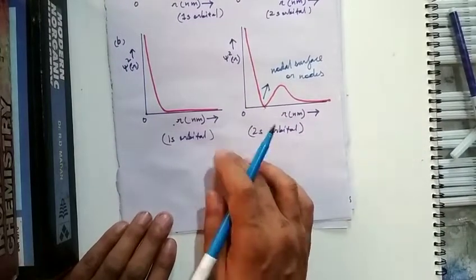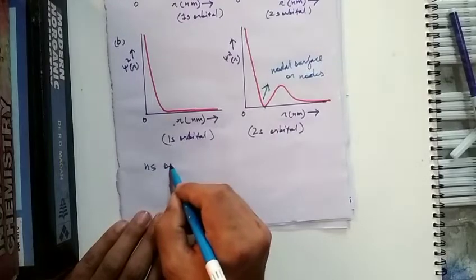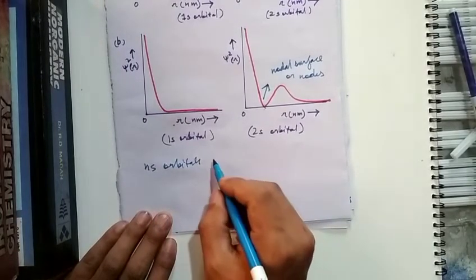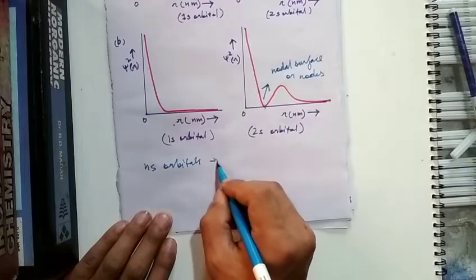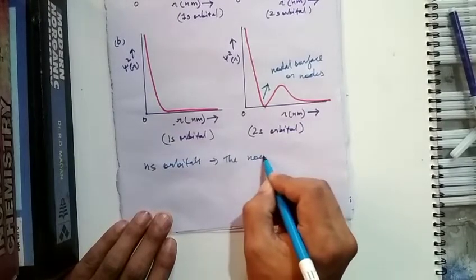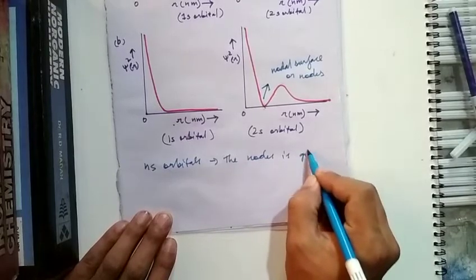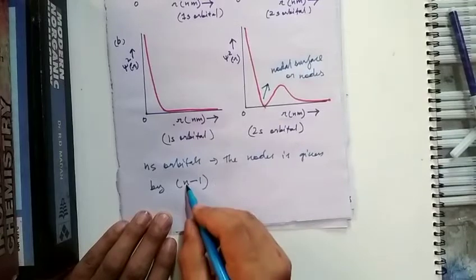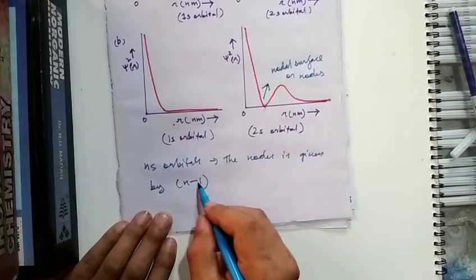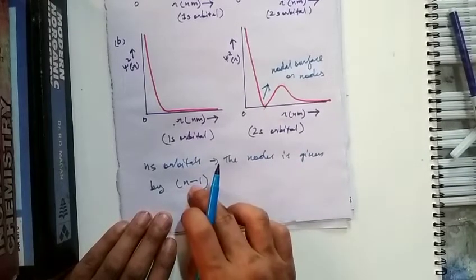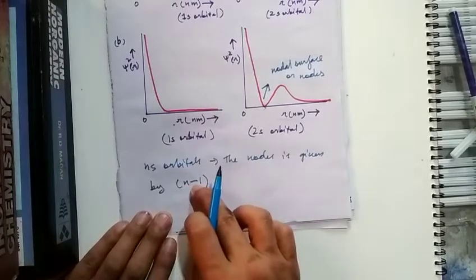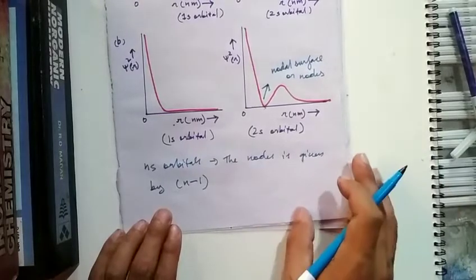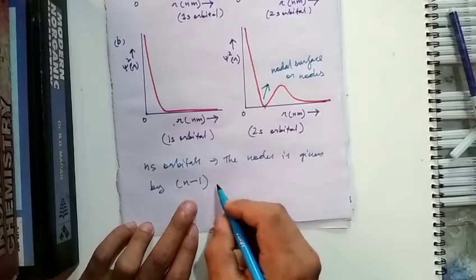For ns orbitals, the number of nodes is given by n minus 1, that means principal quantum number minus 1. This relation gives the number of nodes in a specific orbital.